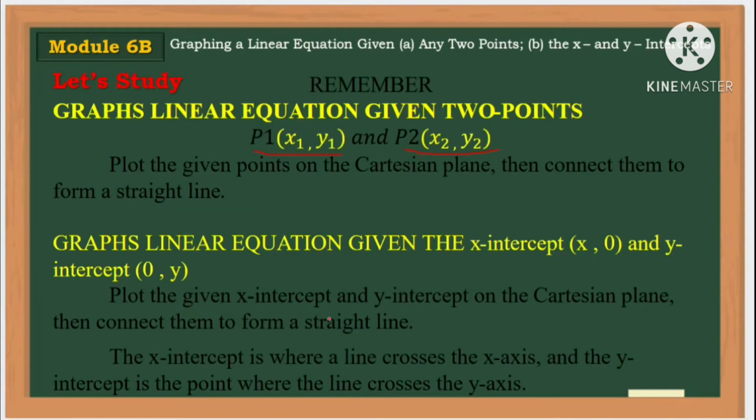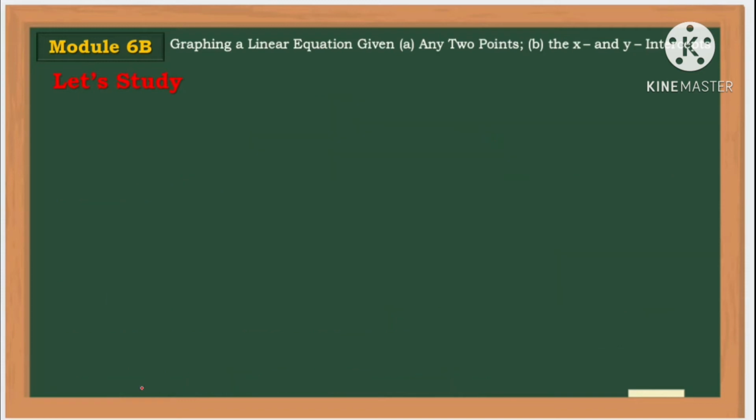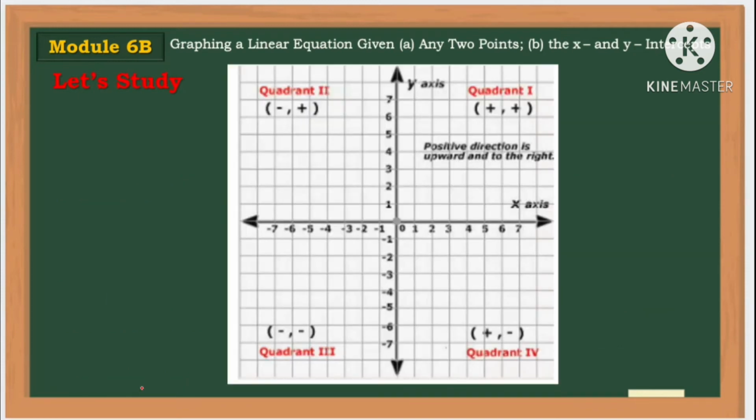Okay, so next, the x-intercept is where a line crosses the x-axis, and the y-intercept is the point where the line crosses the y-axis. So let's have a simple review. So this is the x-axis, this is the y-axis.